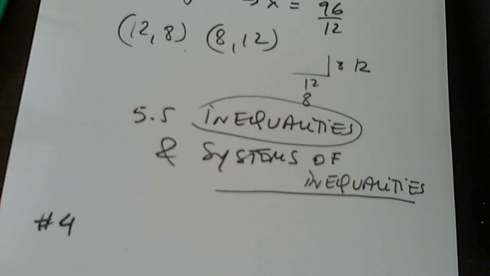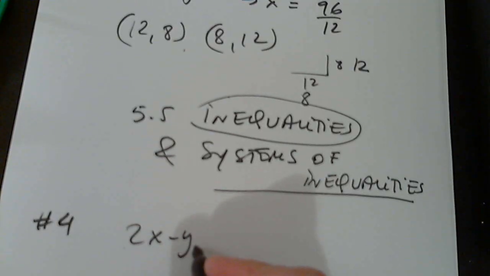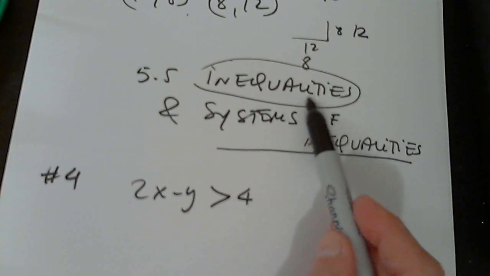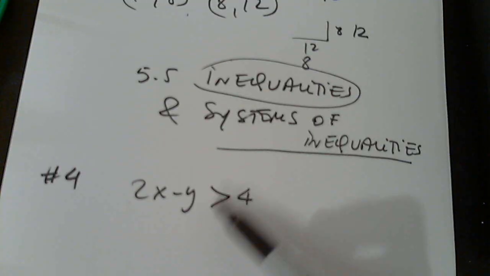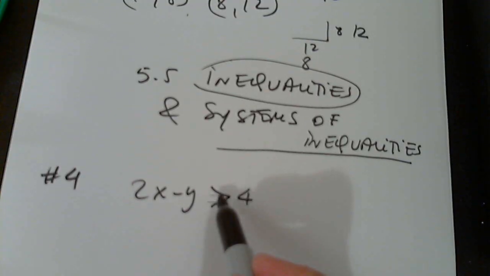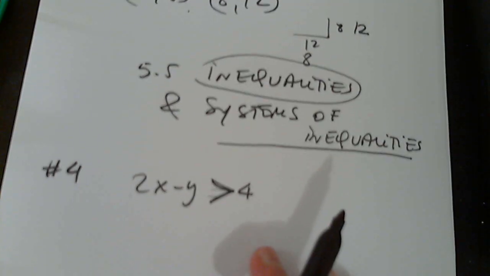And then I don't want to forget, I want to look at 5 or 6, it doesn't matter. So 2x minus y greater than 4. In order to solve such an inequality, as you see, this is not the equal symbol. This is greater than 4.